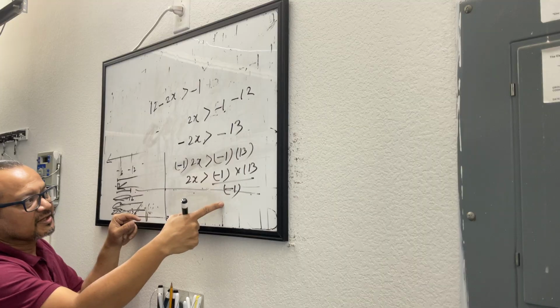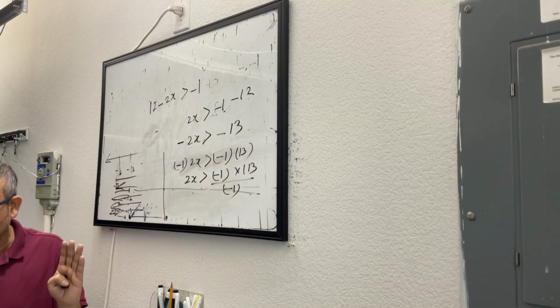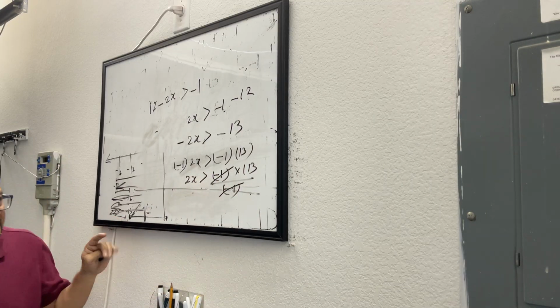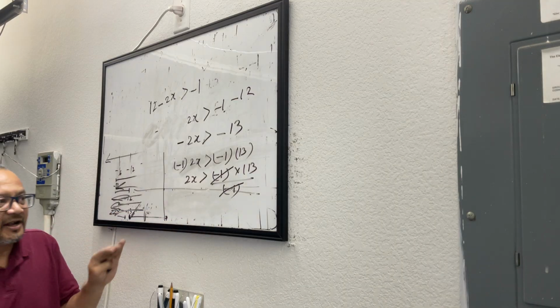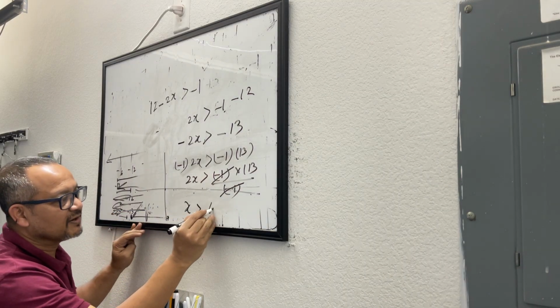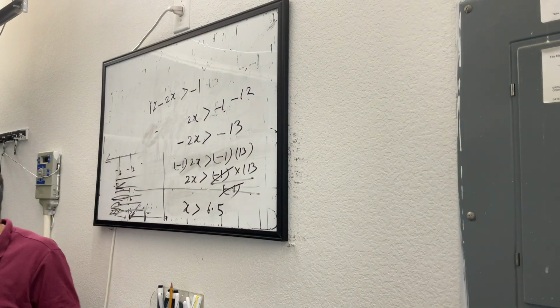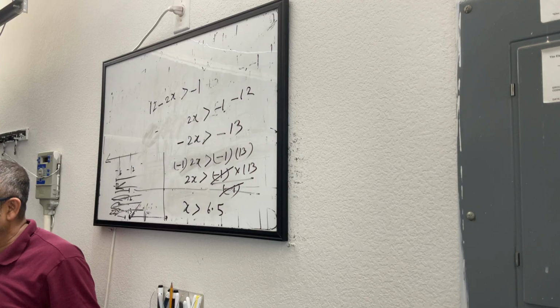I'm moving this guy. I'm not trying to memorize anything, like if it's minus I'll reverse the sign. Now I can cancel the minus 1 here. My 2x is greater than 13, or x is greater than 6.5. Whether you do it by a different technique or you memorize it, I don't mind. But to me it's simple math.